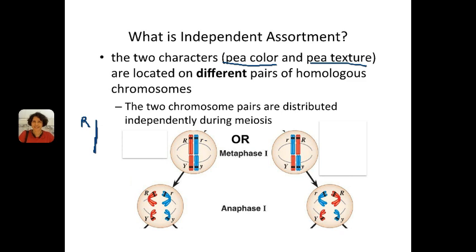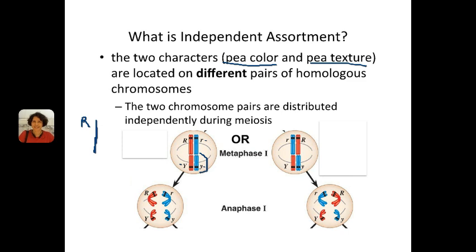So that's carried on the large pair of chromosomes. The small pair of chromosomes over here carries the color of the pea. Big Y represents yellow peas, little y represents green peas. So the color is on a different chromosome pair from the texture.